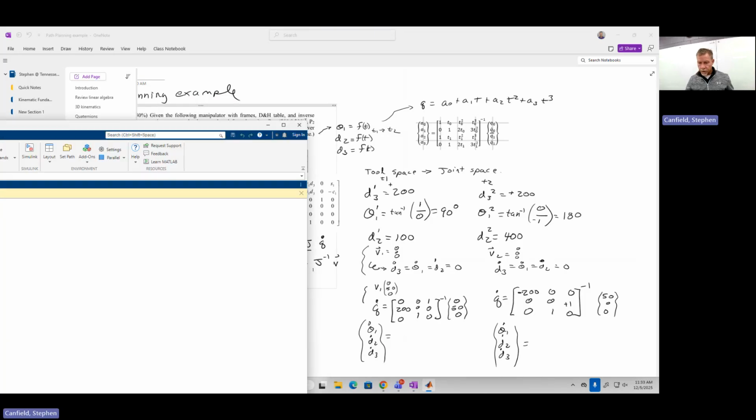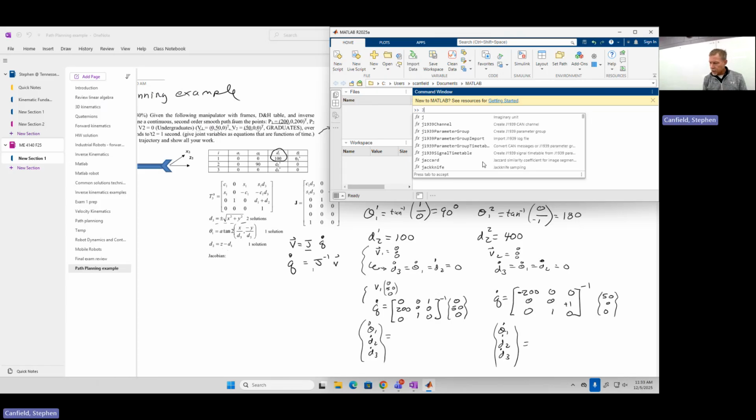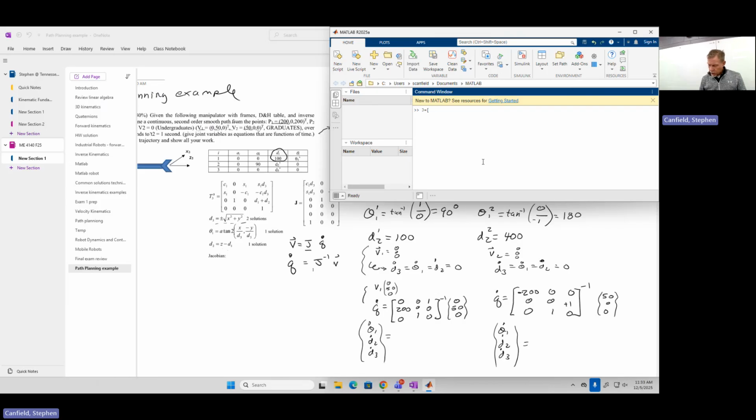Got MATLAB open here. So we're going to put it right in here. So I'm going to let my J equal, in the first case, the matrix: first row 0, 0, 1. Second row, 200, 0, 0.